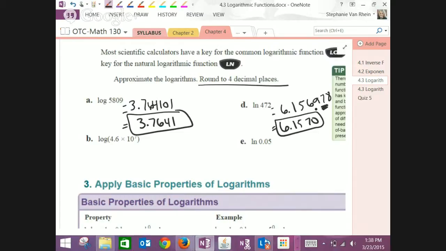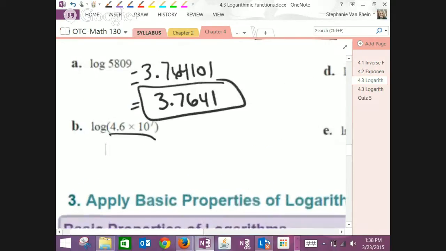Some of these could be in scientific notation. Just looking at this one, what would you assume the numbers to be between? Kind of gives you an idea here. 10 to the 7th. So the number's going to be between 7 and 8.